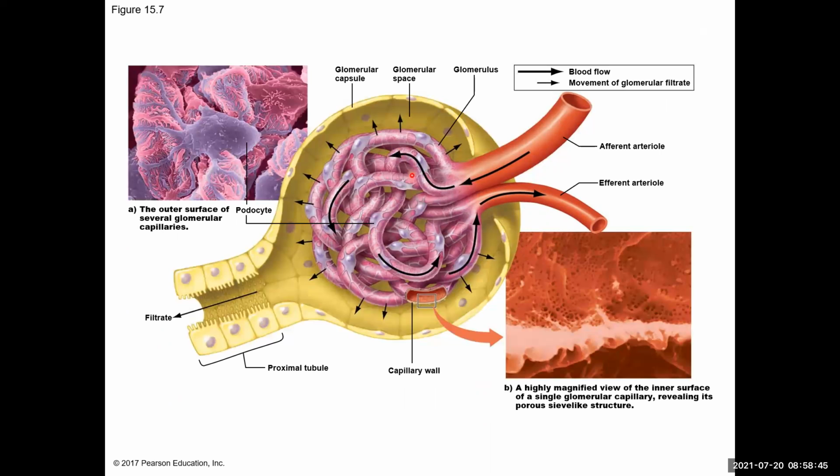And then because of that high pressure, it's pushing the filtrate out of the pores and the spaces in the capillaries. So remember, capillaries are only a cell layer thick. They have those pores and gaps in between the cells. And so that allows that filtrate to come out. And again, it's smaller molecules, protein and cell-free filtrate that will then enter the capsule and enter the proximal tubule.